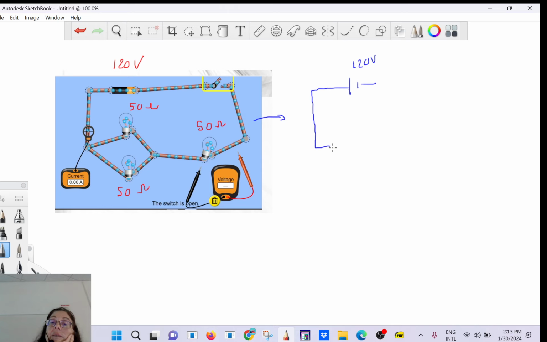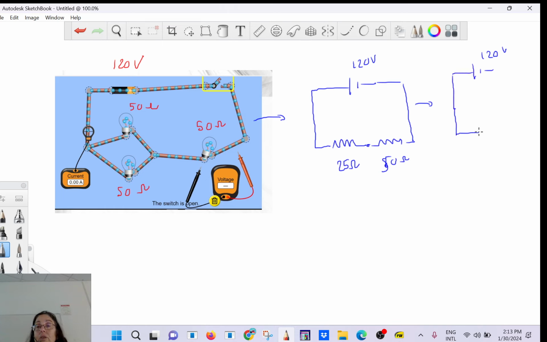They are in parallel, so what's the equivalent resistance here? 25. And then here we have a 50. So with complex circuits, you always start with the parallel, and then they follow each other. And this is all a mathematical trick to find how much current and even the voltage drop. Everything happens like you have 75 ohms.